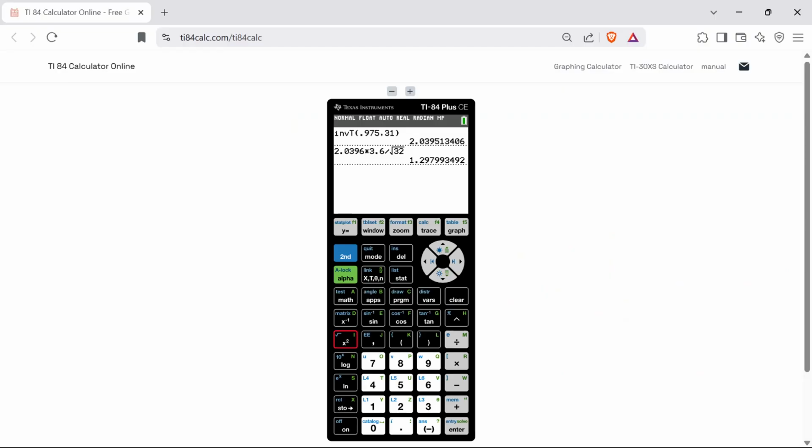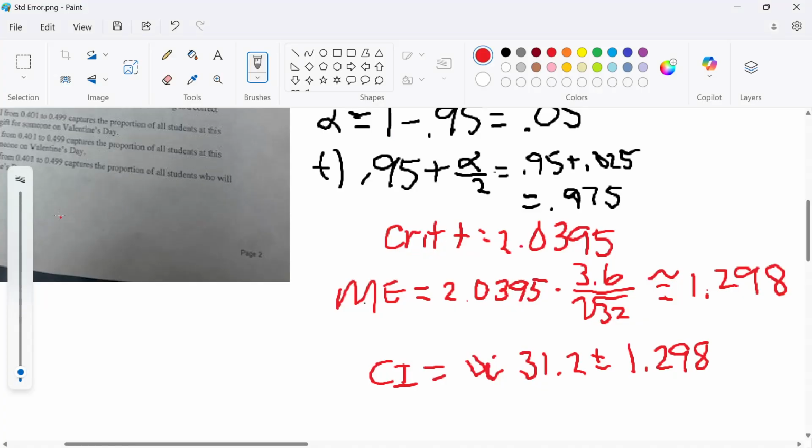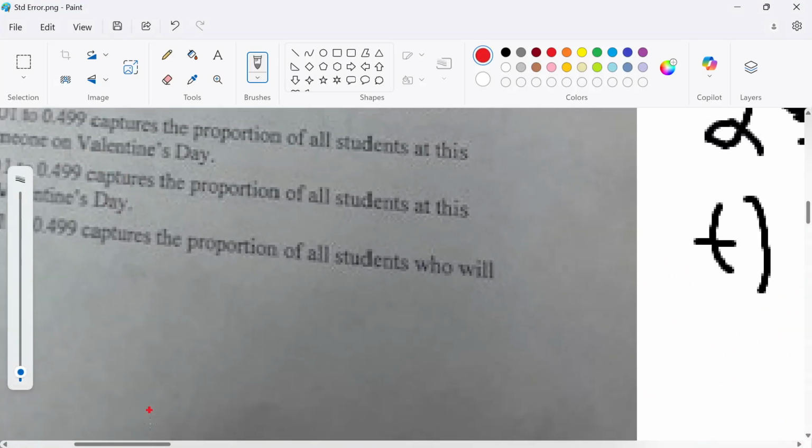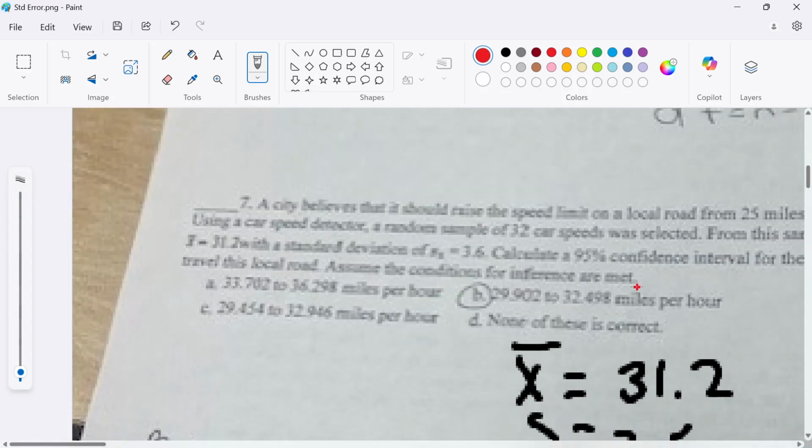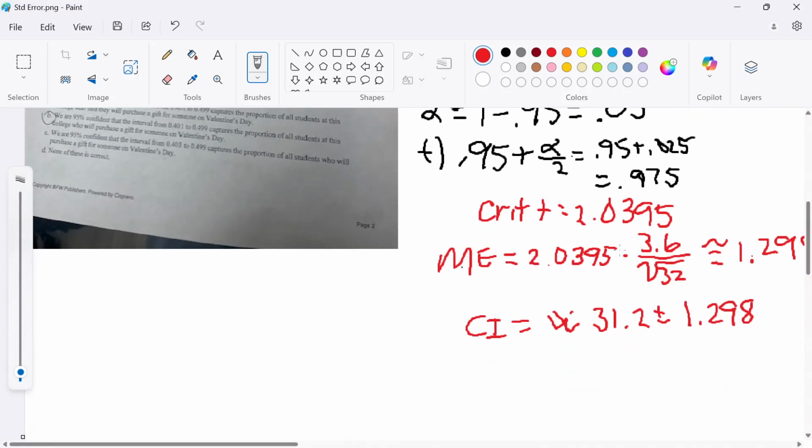So I'll do that, 31.2 plus 1.298, and that comes out to 32.498. And let me look at the answer choices here. 32.498, 32.498. That's the high value. It looks like B is the answer, 32.498. And then I'll subtract it.